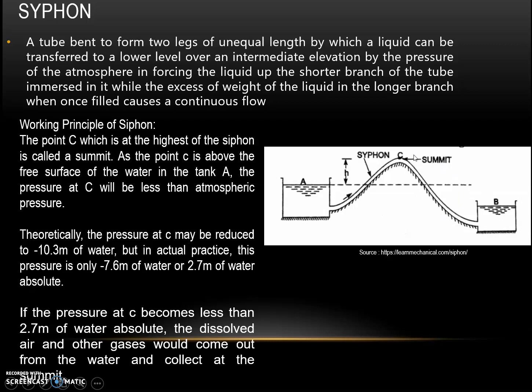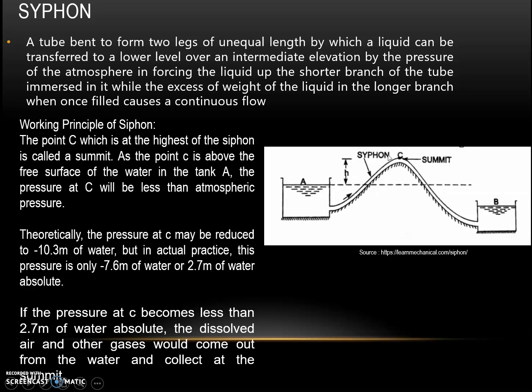The point C, which is at the highest of the siphon, is called summit. As the point C is above the free surface of water in the tank A, the pressure at C will be less than the atmospheric pressure.